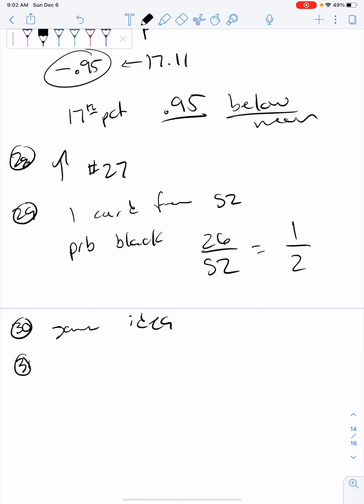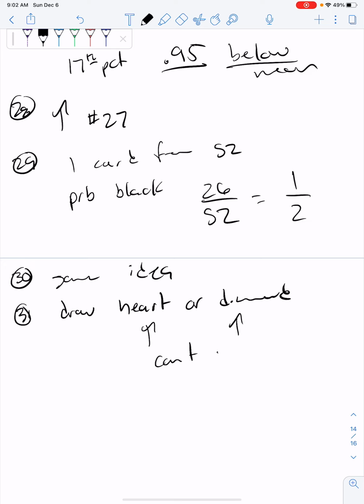So number 31, determine whether the following individual events are overlapping or non-overlapping. Okay, are events overlapping or not? And it says to draw a heart or a diamond. Well, overlapping means that you can get both. And hearts and diamonds are two completely different cards. You can't get both of those cards.